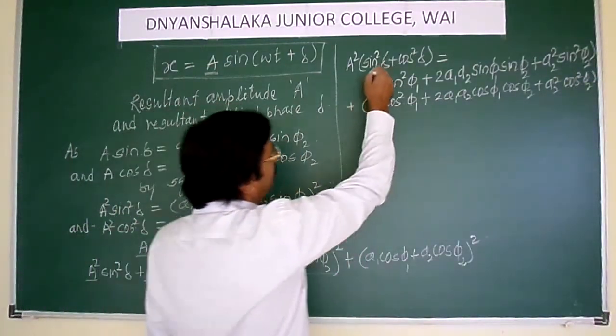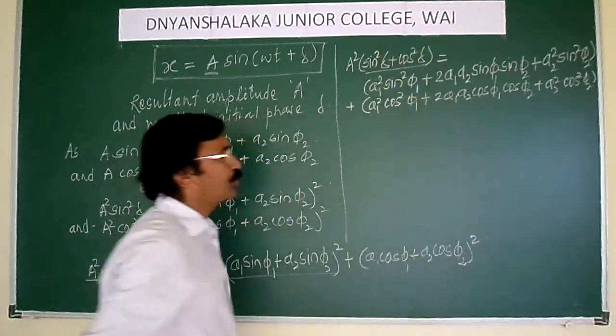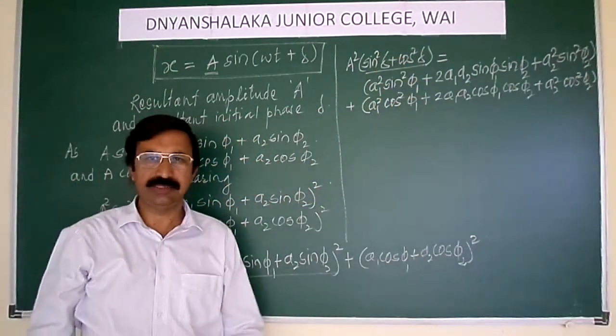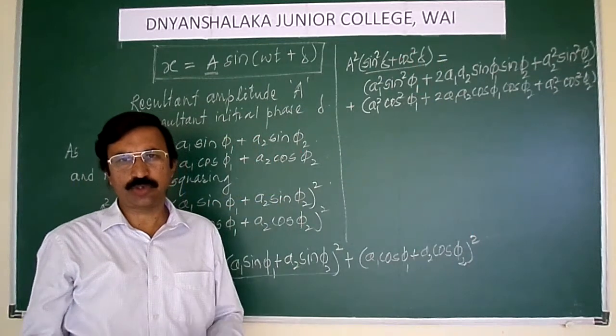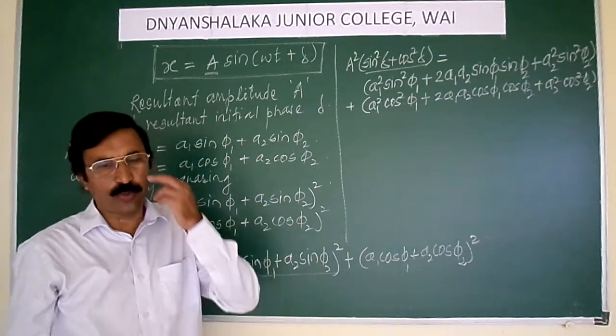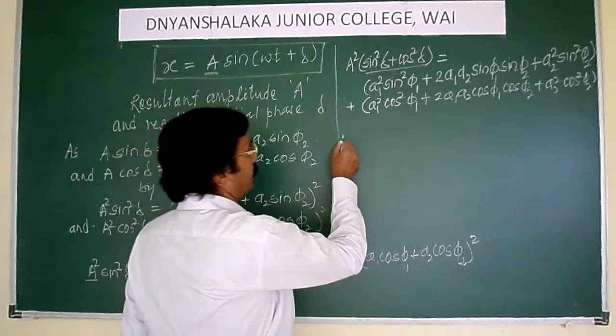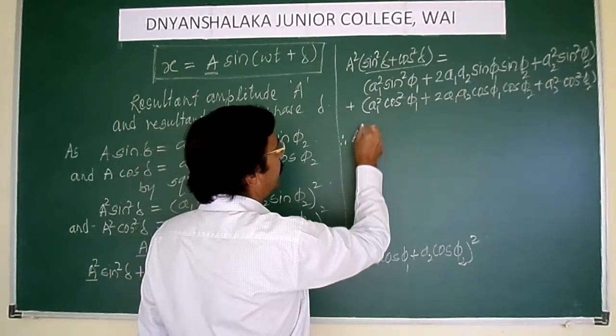Now in this expression we know sin square delta plus cos square delta is 1. The simple rule, sin square a plus cos square a is equal to 1. Therefore, on the left hand side it will be A square.